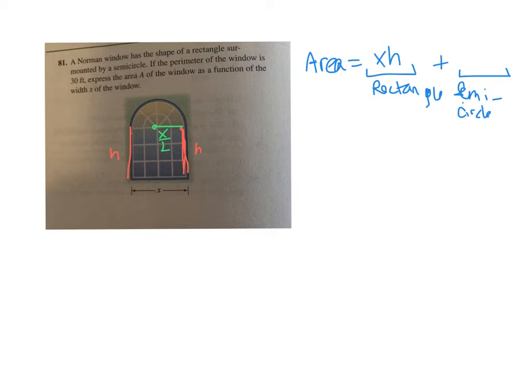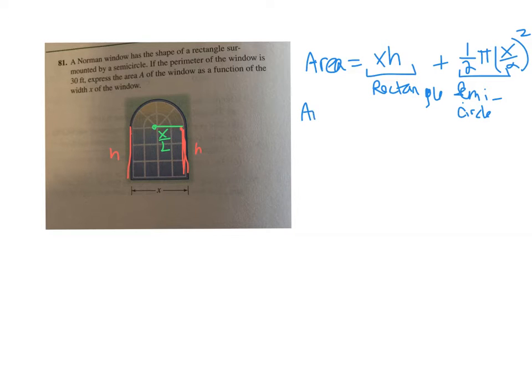The area of the semicircle is, so area of a circle is pi r squared. Area of the semicircle is 1/2 pi r squared. In this case, my r, remember, is x over 2, so that is going to be squared. I'm going to simplify this out.